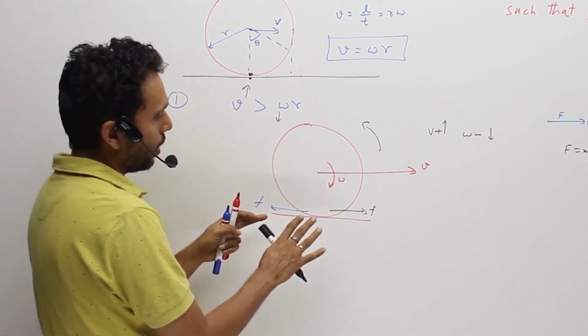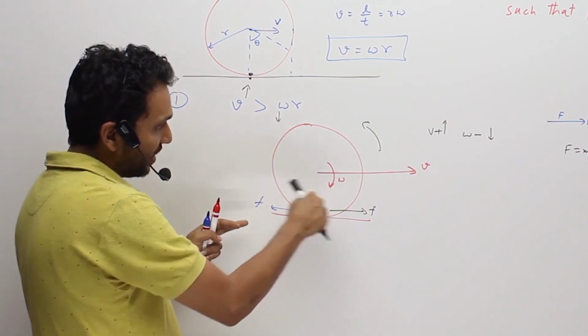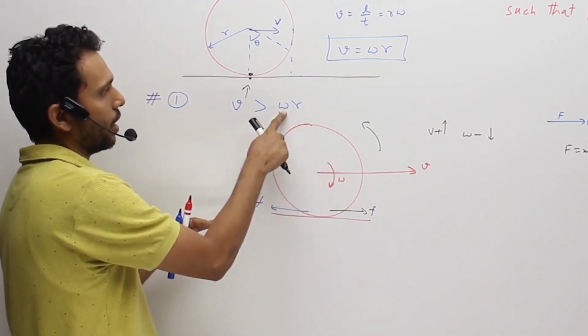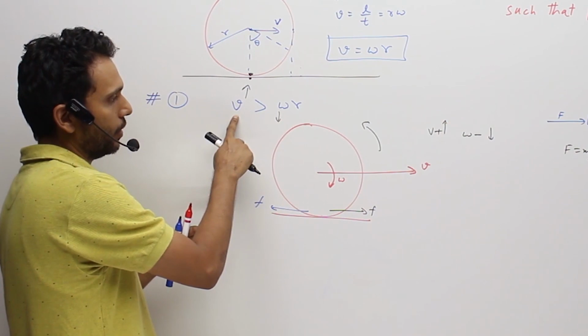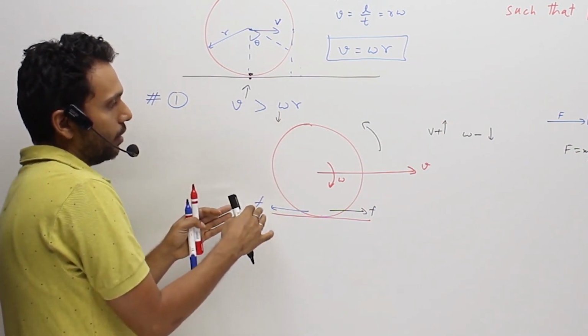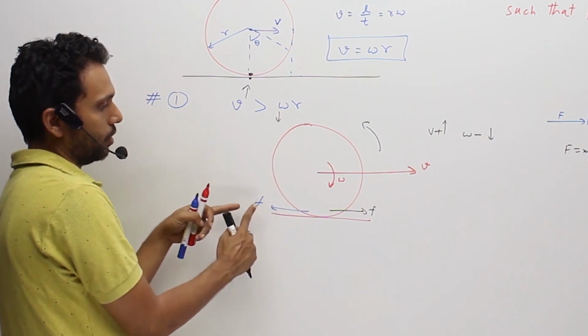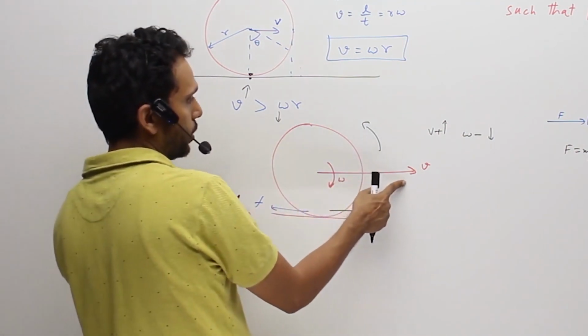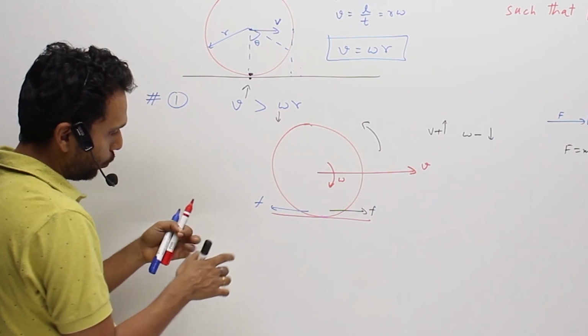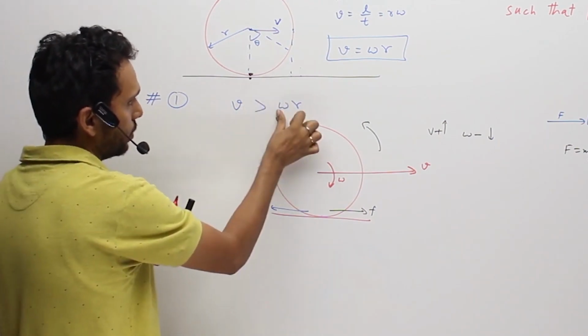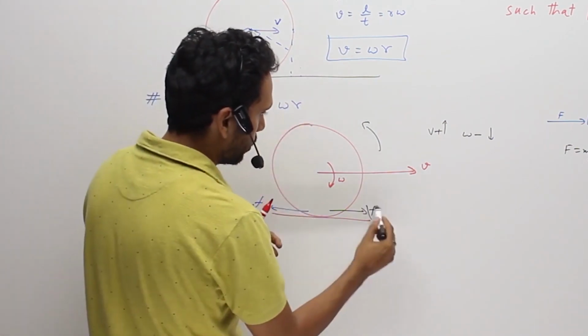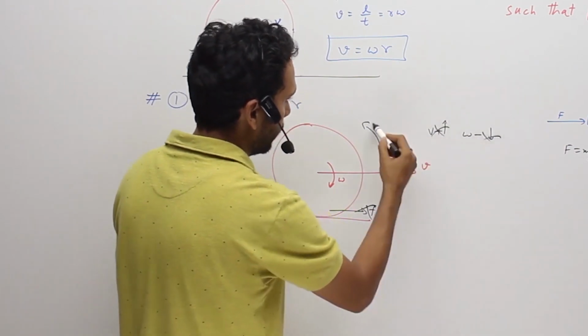So I would rather require a force which increases the omega such that omega r catches up to V, and as an extra benefit, this force also decreases the velocity. So if the blue force was acting, which is the correct one, I'll just put a cross on this so that you're not confused. This is not happening.